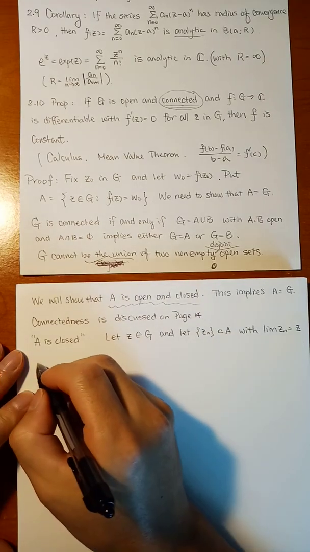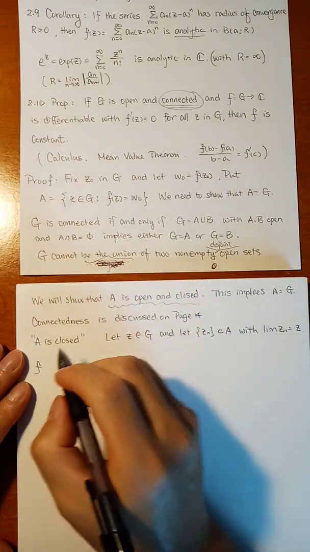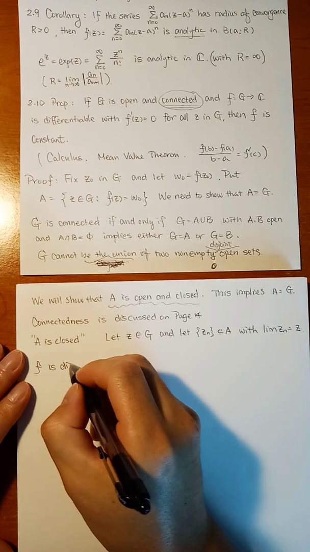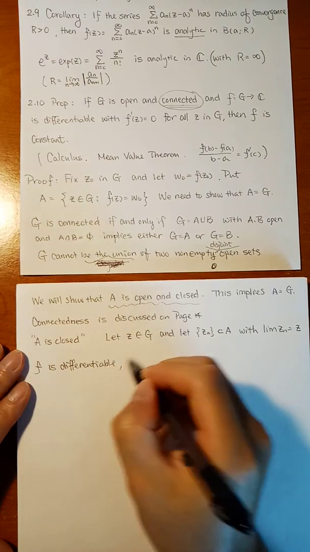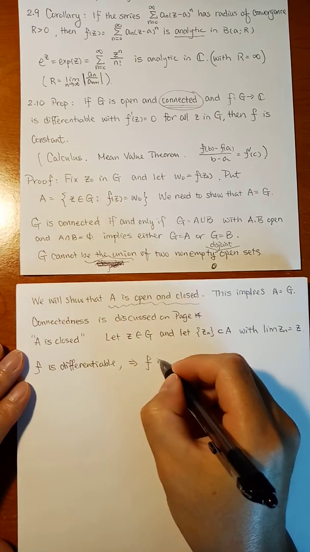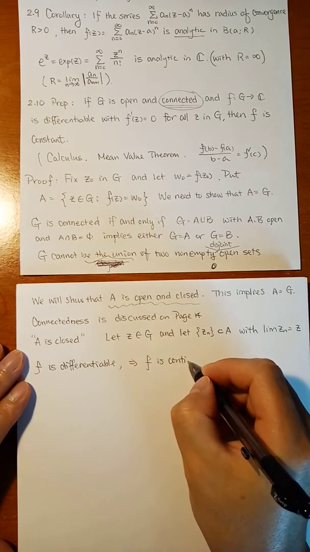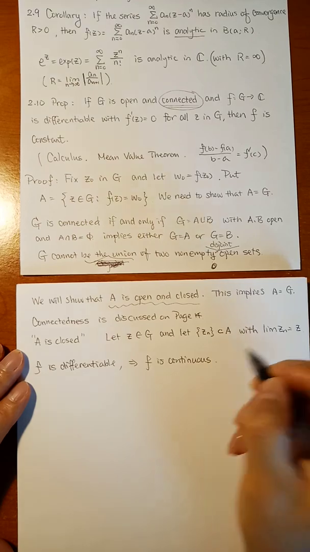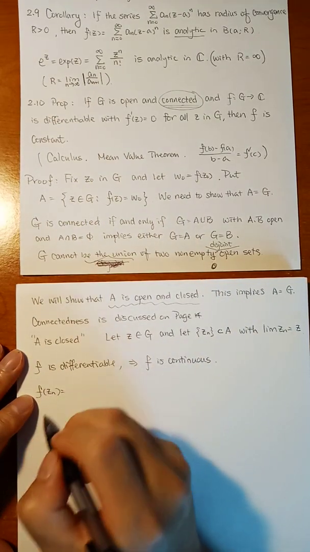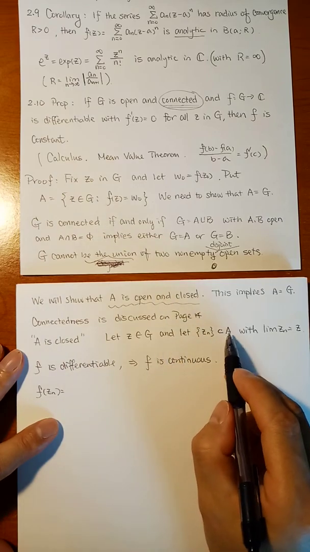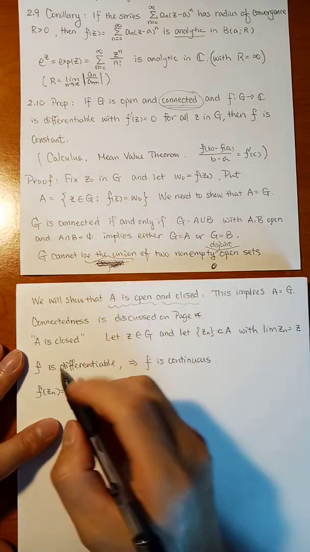And f is differentiable. This implies f is continuous, for sure. And f of Zn, in A, is W0.